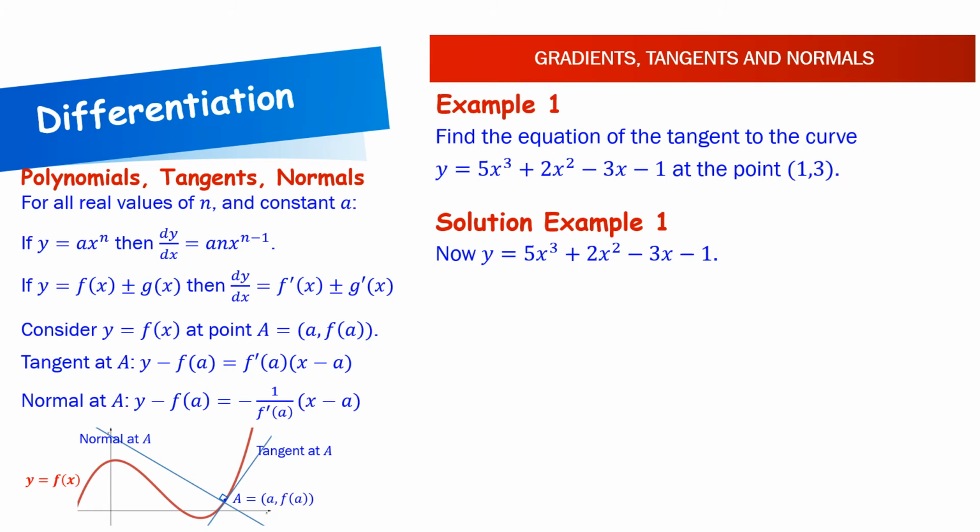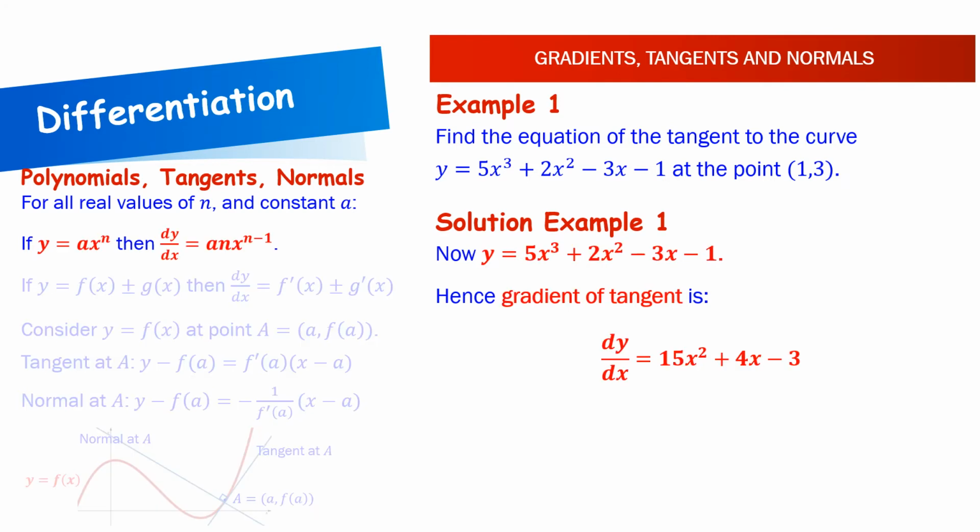So we have y equals this cubic, and therefore the gradient of the tangent is dy/dx equals 15x squared plus 4x minus 3. We've used, of course, the formula dy/dx equals an times x to the n minus 1 for each term.